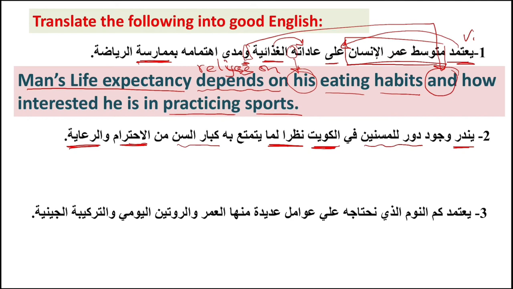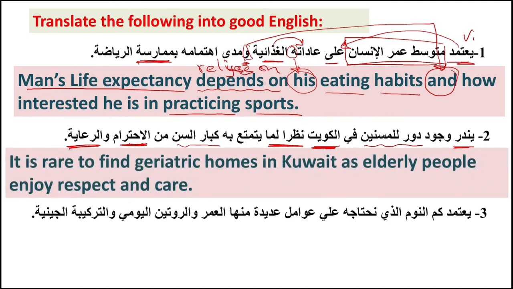So let's construct the sentence now. It's going to be like this: It is rare to find geriatric homes in Kuwait, as elderly people enjoy respect and care. So here, this is how we constructed the sentence. It is rare to find يندر وجود geriatric homes دور المسنين in Kuwait, في الكويت.